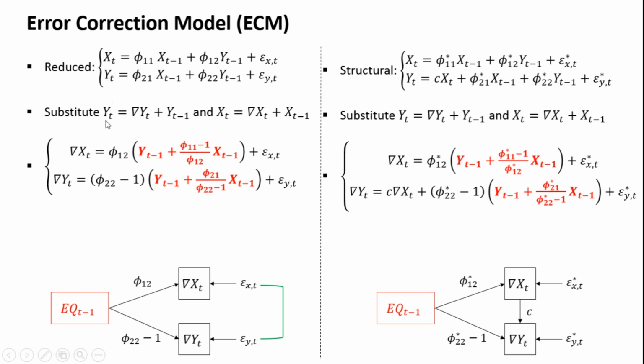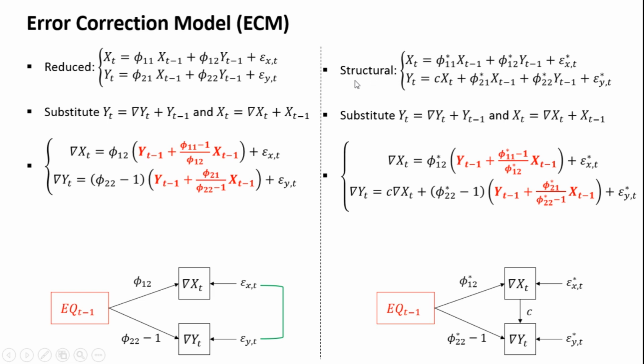If we substitute the expression yt, which is equal to the differential of yt plus yt minus 1, and xt equal to the differential of xt plus xt at the time t minus 1, we obtain the current relationship that the term in red on your screen appears in the two relationships, which can signify that we can estimate the differential of our two stationary variables in function of each other. That is the error correction model.